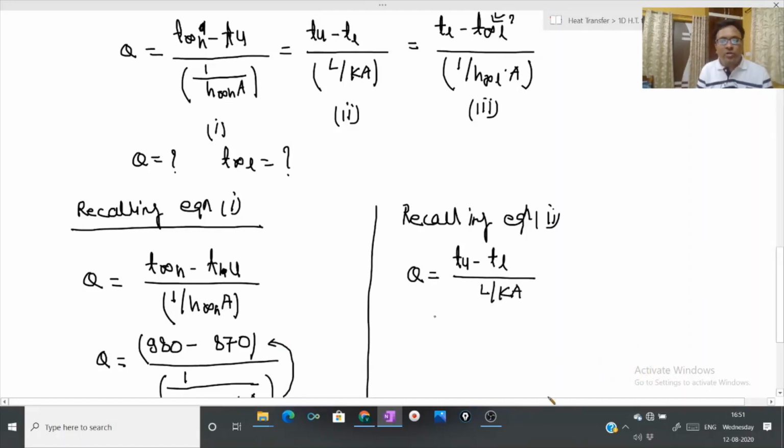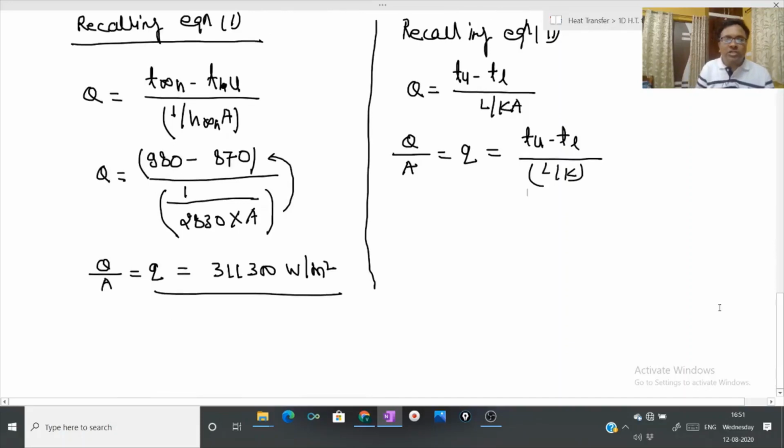Here also we don't know the value of A, so I can write it as Q over A, that is nothing but flux, is equal to TU minus TL over L over K. Now just now I could calculate the value of flux rate, 300 watt per meter square.